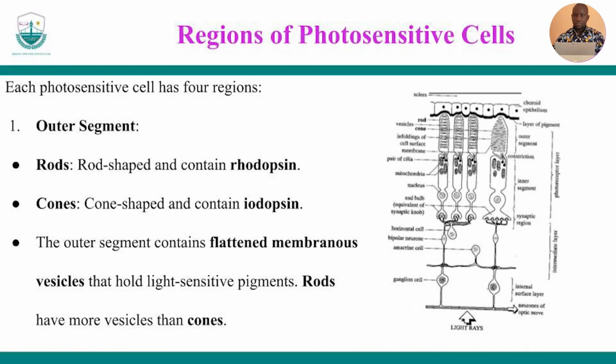For example, for the rods, they are rod shaped, and they have what you call a photopigment. And that photopigment in the rod is what you call rhodopsin. So within the rods, in the outer segment, you have rhodopsin.